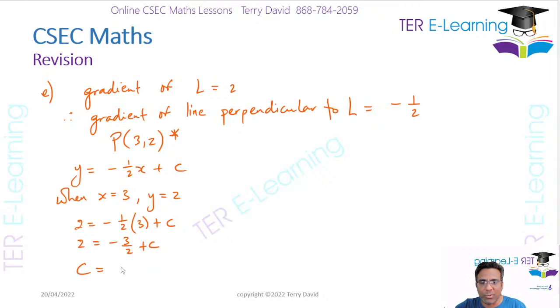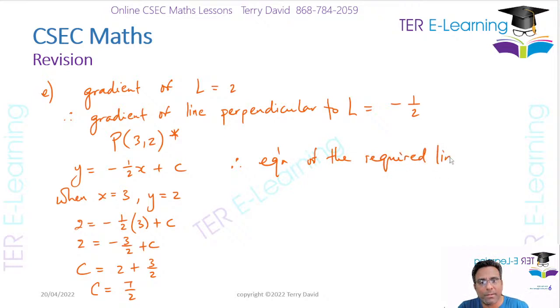Therefore c = 2 + 3/2, which is 3.5 or 7/2. So c is equal to 7/2. Therefore, the equation of the required line is y = -½x + 7/2.